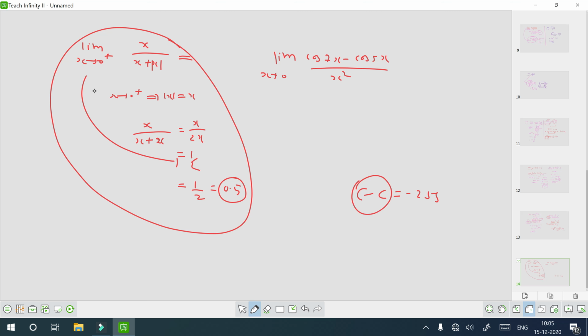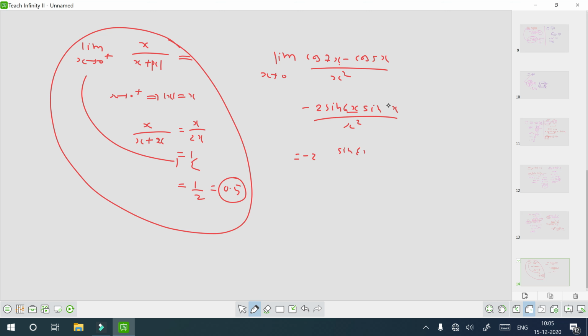Whenever we want to apply C minus D or any of the sine plus or minus sine, cos plus or minus cos formulas, write the greater angle first, then apply the formula. Here the greater angle is already first. So can I write minus 2 sine 6x into sine x over x square? Yes, 7 plus 5, 12 by 2, that is 6; 7 minus 5, 2x by 2 means x.